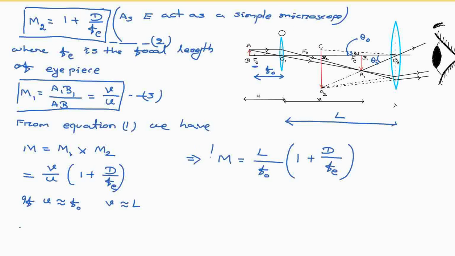So this is the final formula or expression of the magnification produced by a compound microscope when the final image is formed at the distance of distinct vision. In our next video, we will find the magnification when the final image is formed at infinity.